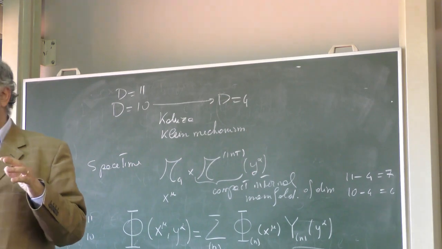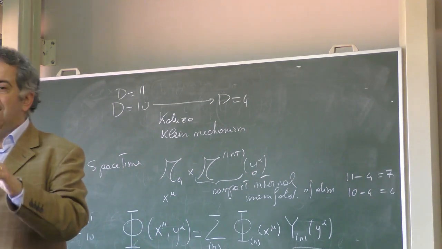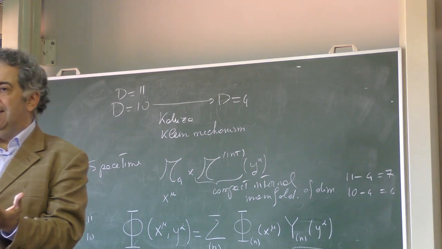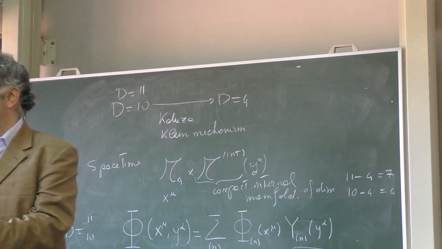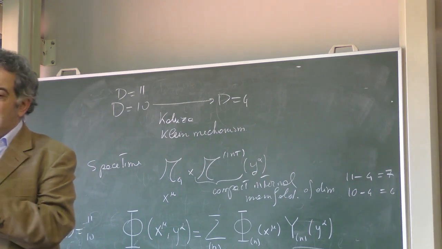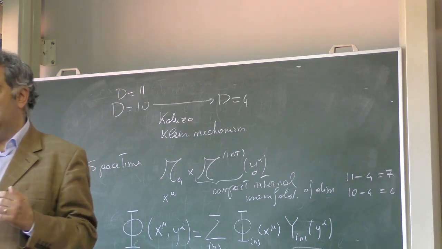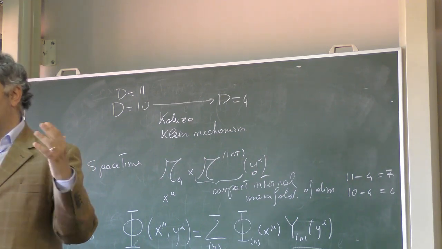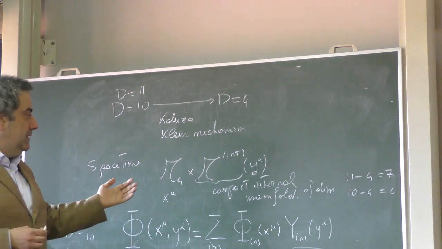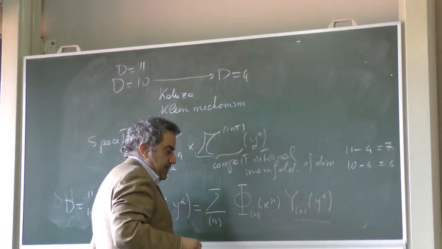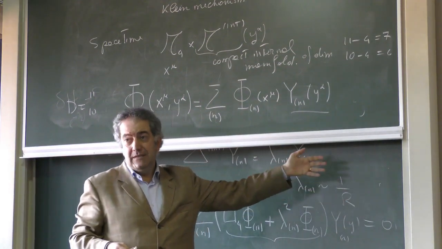Since it is a compact manifold, we can define a global size, like the minimal ball containing the manifold, and r is the radius of this ball. So with any compact manifold, you can associate a size, and the order of these masses is 1 over r.